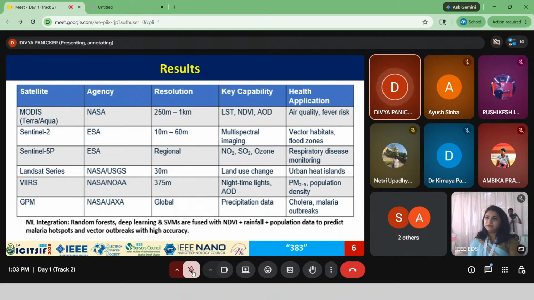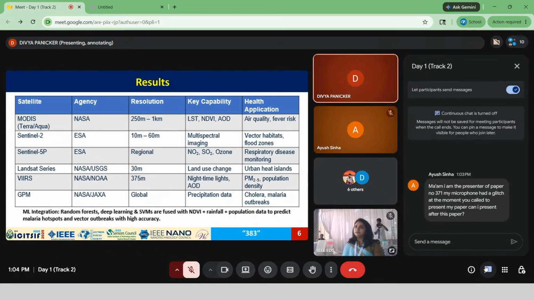These satellites can track land surface temperature, vegetation cover, air pollutants like nitrogen dioxide and sulfur dioxide, and aerosol optical depth. This allows large-scale monitoring of air pollution and prediction of respiratory disease burden without depending entirely on ground monitoring stations.